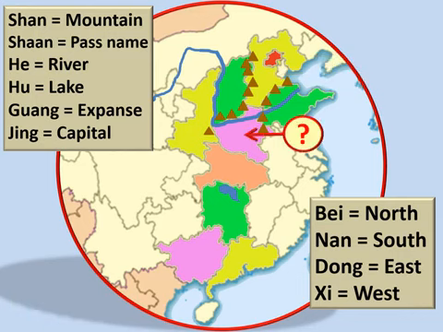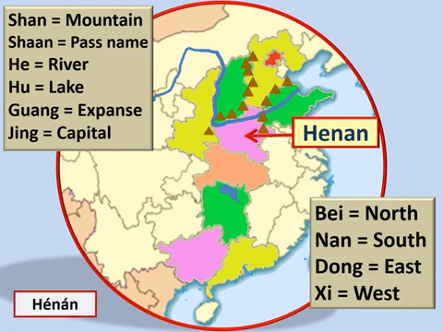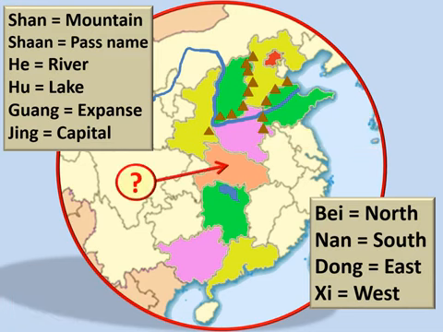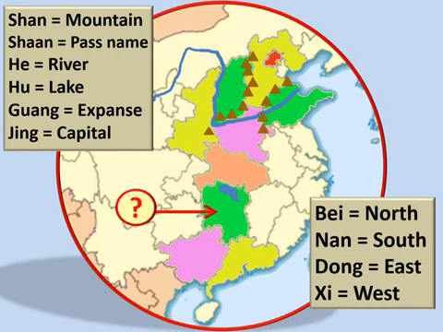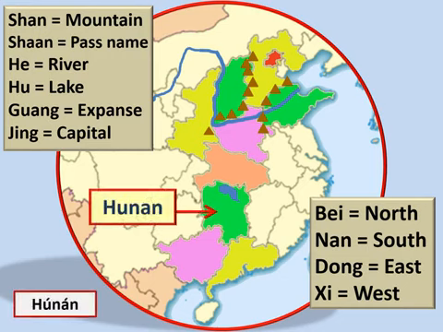What is the province? Yes. 河南. North of the lake? Lake plus north. 湖北. South of the lake? Yes. 湖南.